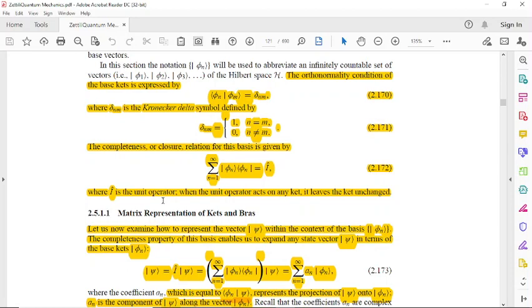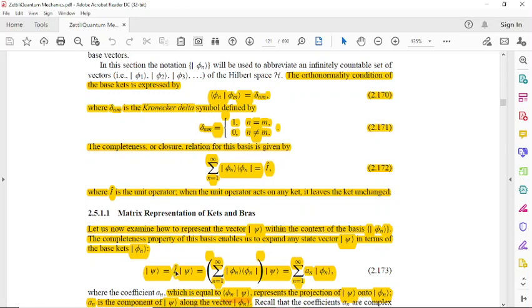Then matrix representation of kets and bras. Let us now examine how to represent the vector ket psi within the context of the basis ket set of ket phi n. The completeness property of this basis enables us to expand any state vector ket psi in terms of the base vectors. Now we are going to expand the state vector ket psi using the unit operator.